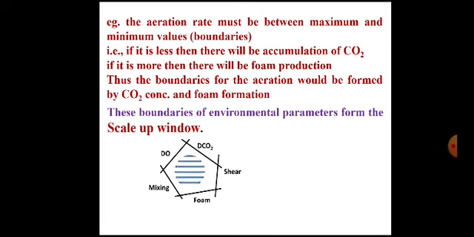So the area within this window is the optimum aeration and agitation regime. That means the conditions should be maintained within this optimum level. It should not go beyond this boundary. This is how the scale up window is constructed.